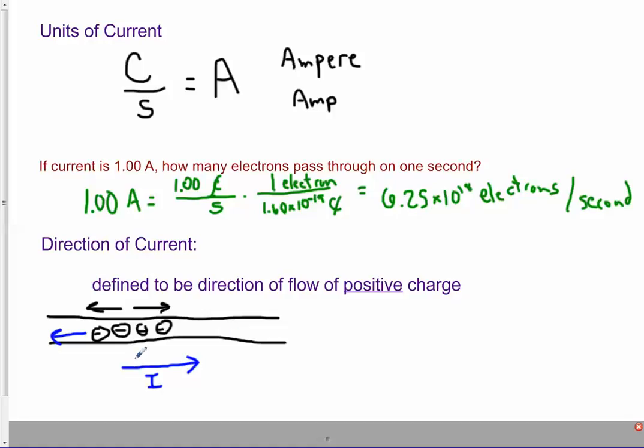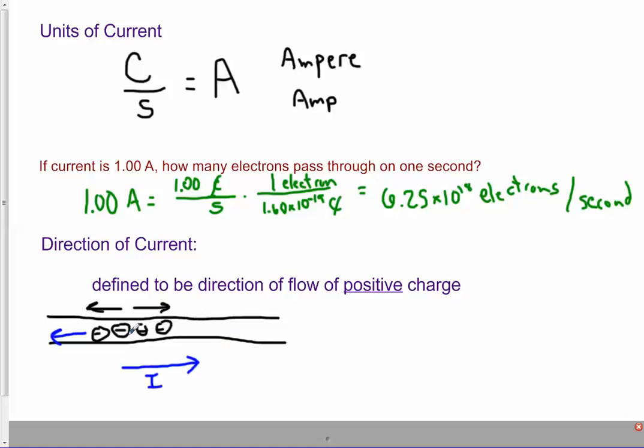So if it's electrons that are moving, the current will actually be going the other way. Negative charge moving to the left is totally equivalent to positive charge moving to the right. Even though technically it's negative charge moving to the left, we're still going to say that the current is to the right. We're going to pretend it's positive charges moving to the right.